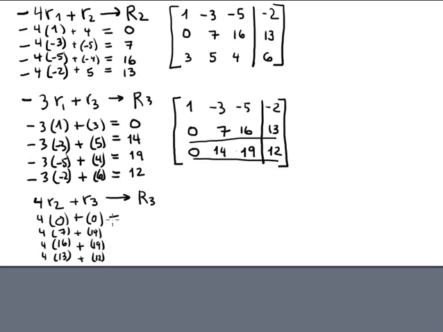I compute. This is 0. This is 4 times 7 is 28, plus 14 is 42.